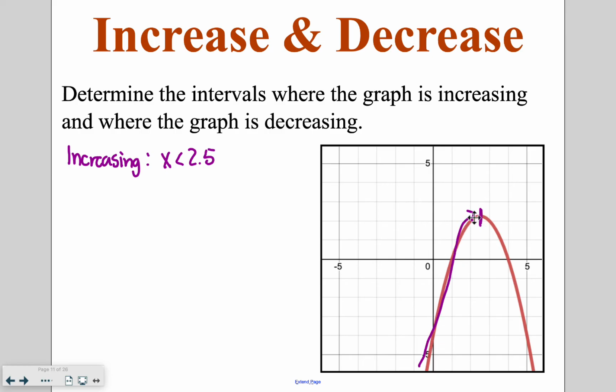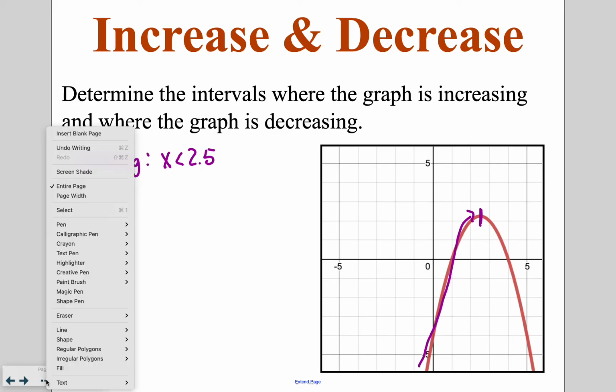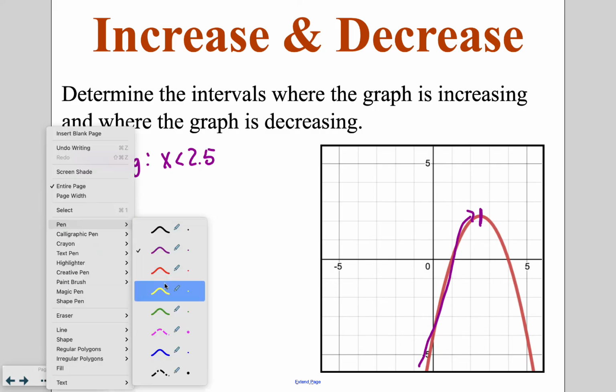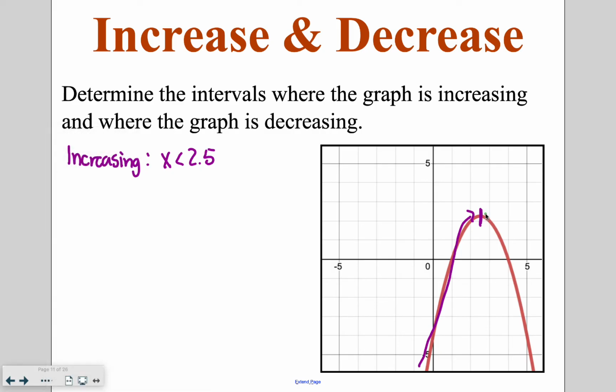So the graph is going up until it hits 2.5, at which point it starts to trend downwards, meaning that my decreasing part of the graph is going to occur after 2.5, or when x is greater than 2.5.